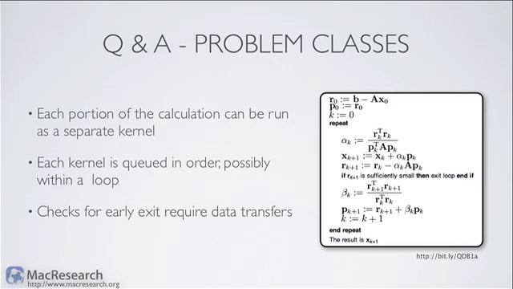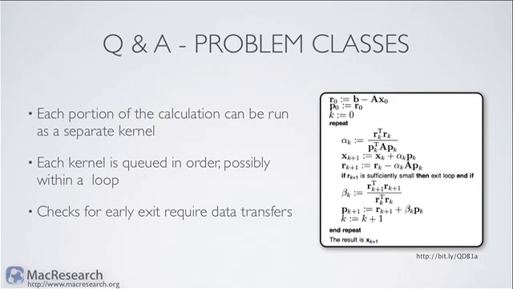The one thing you have to keep in mind, certainly in conjugate gradient, is that there are cases where you'll be doing calculations and asking, is there an early exit condition? Have I converged, or have I done what I'm supposed to do? The problem with those is that once you queue something up into an OpenCL queue, it has to finish. There's no way that I know of, at least, to pull something out of a queue or to terminate early.